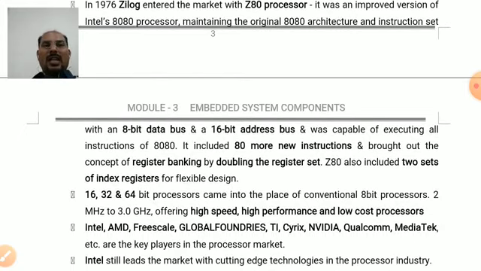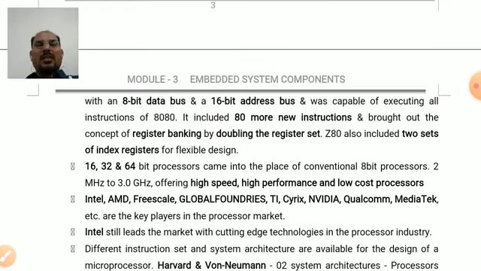But it added 80 more new instructions, and it introduced a new concept called register banking, that is doubling the register set, in the sense increasing the number of registers in a processor. Z80 also included two sets of index registers for flexible design.